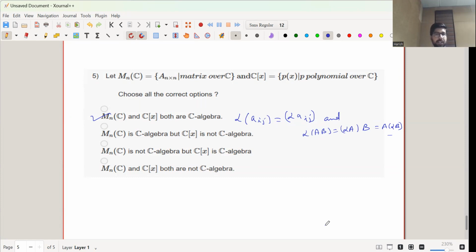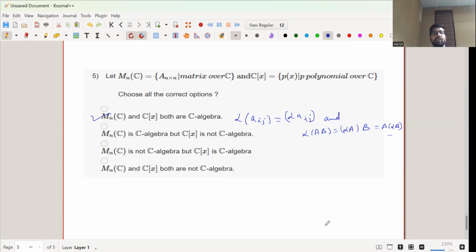Similarly, for the polynomial ring, the addition is the addition of polynomials, and the multiplication is just x^n times x^m is x raised to m plus n, and you just linearly extend this multiplication.